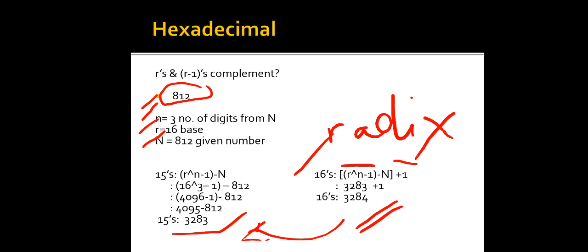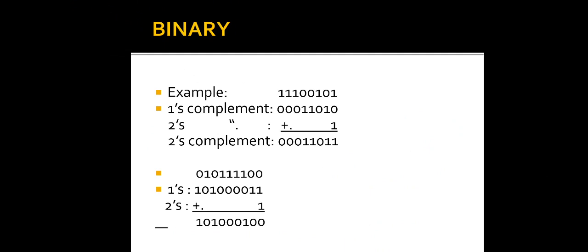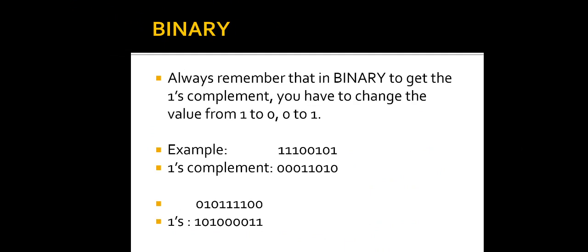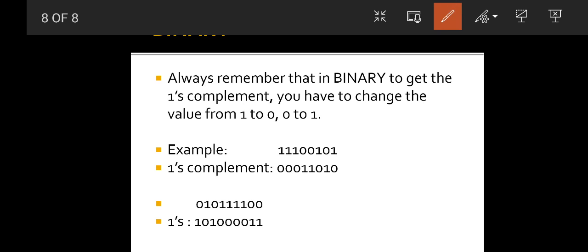Next example. This one is an example using binary. What's the difference between binary and the other bases? Binary is different, you will be using ones and zeros, like 1 0 1 0.